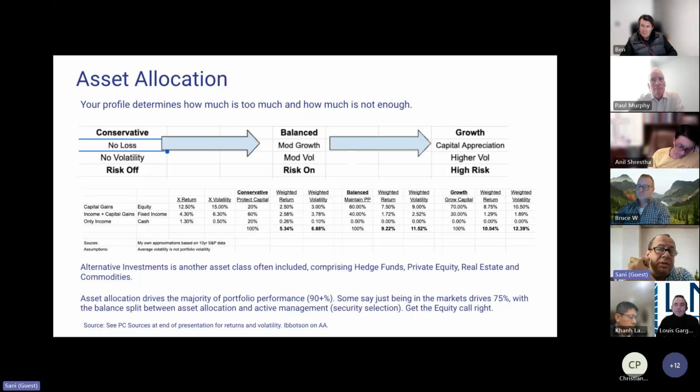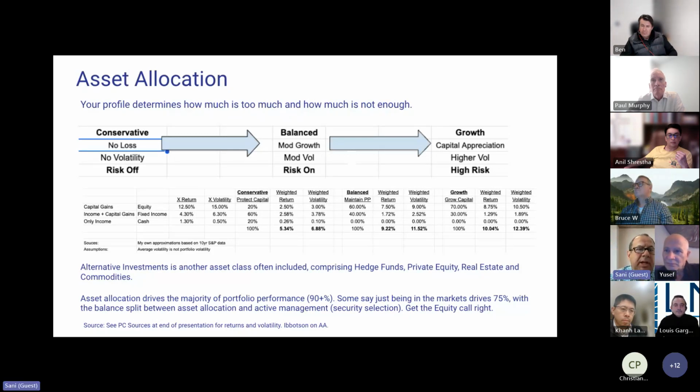And frankly, from my own personal experience in investing, if you just had cash and equity and got the mix between those two right, you would be doing very well on a risk-adjusted basis, because basically cash has no volatility, has no risk. And so when you combine those two, if you just get the equity call right, you're in good shape.